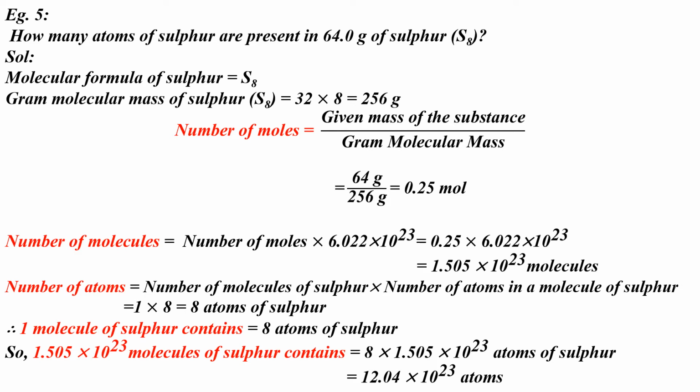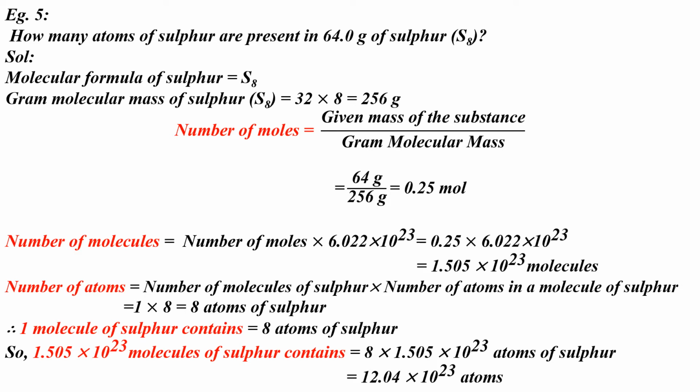It is given by the product of the gram atomic mass of one atom of sulfur and the number of atoms present in one molecule. How many atoms are present in a molecule of sulfur? According to the molecular formula, it is 8. We know the gram atomic mass of sulfur is 32 grams. On multiplying these, you get 256. Therefore, 256 grams is the gram molecular mass of S8.